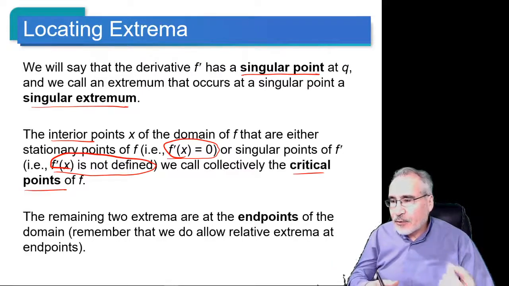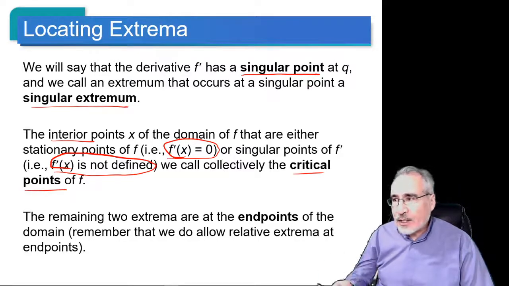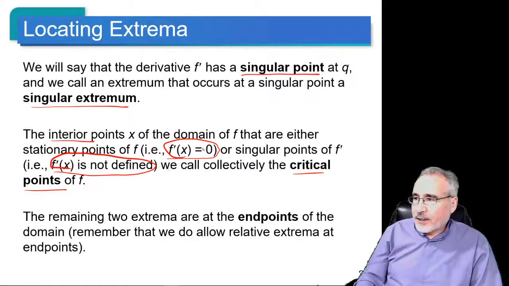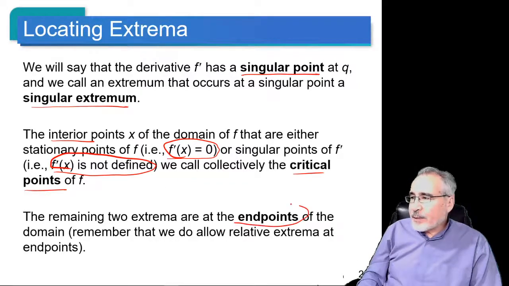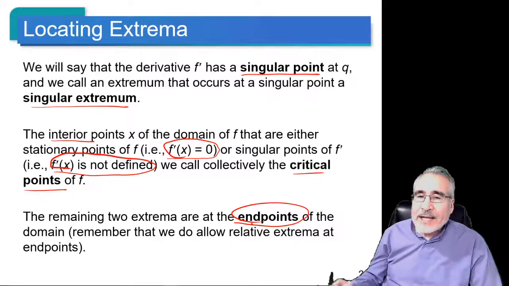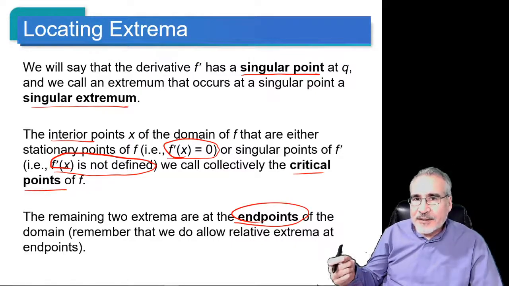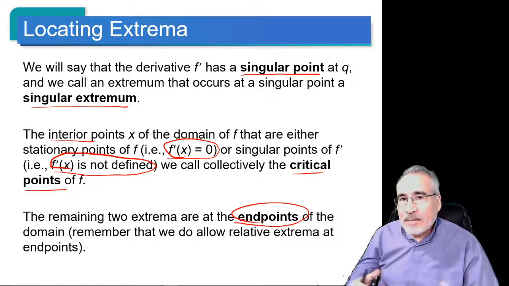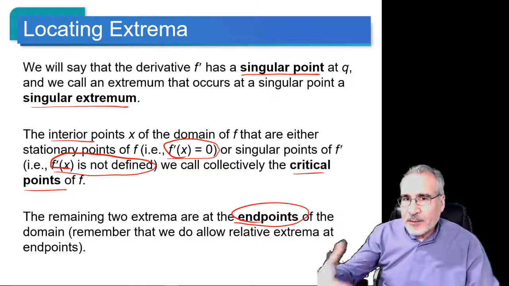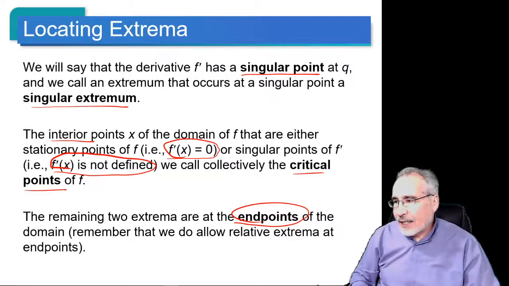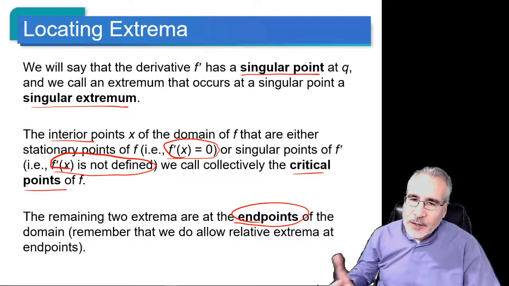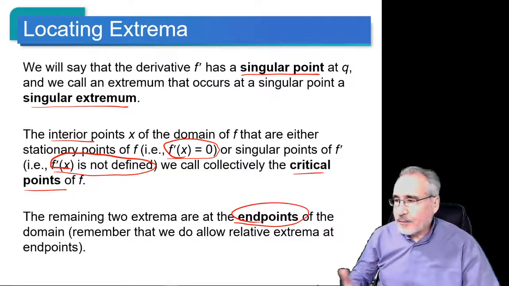So singular point is where the derivative's not defined. Stationary points are where the derivative is equal to 0. And then don't forget about the endpoints. Again, we can't use calculus on those endpoints because they're endpoints. But we can use the algebra. We can plug it into the function and see what their y values are to tell whether they're a minimum or a maximum, a relative or an absolute.